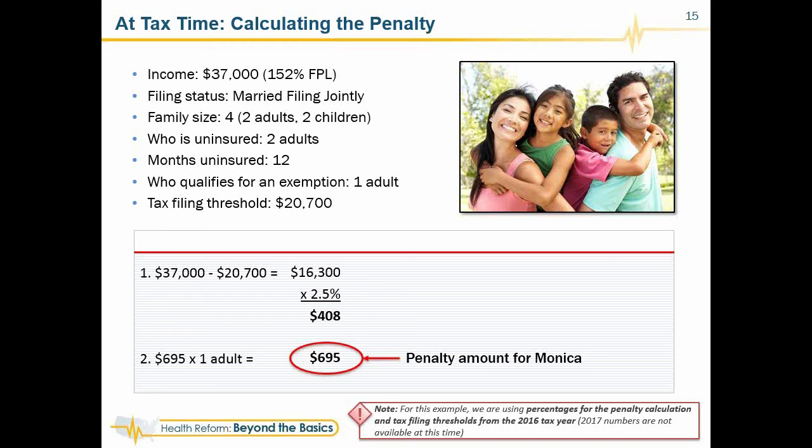Here we had to use the figures for 2016 because the 2017 figures for the tax filing threshold are not available yet. The second calculation is a flat dollar amount, $695 per adult. The greater of the two amounts is what Monica would pay on her tax return when she files her taxes for tax year 2017.